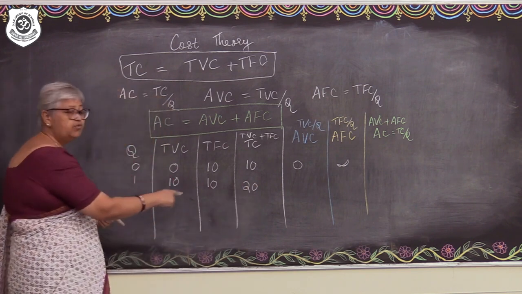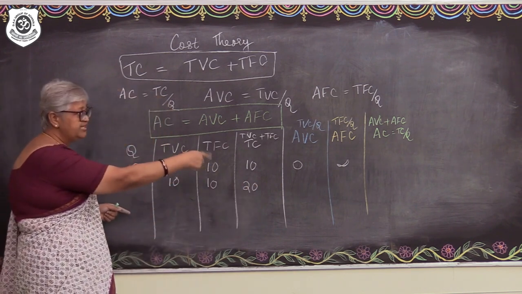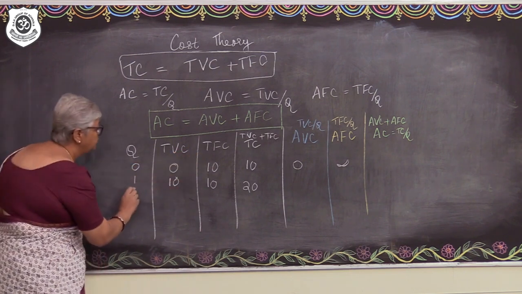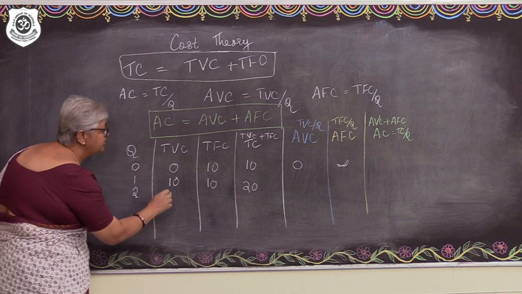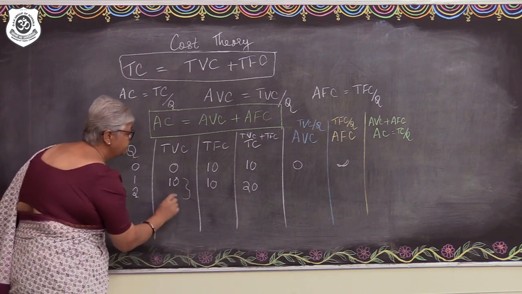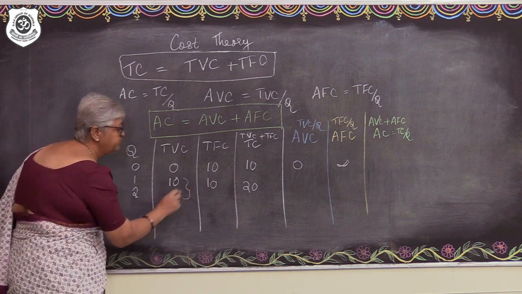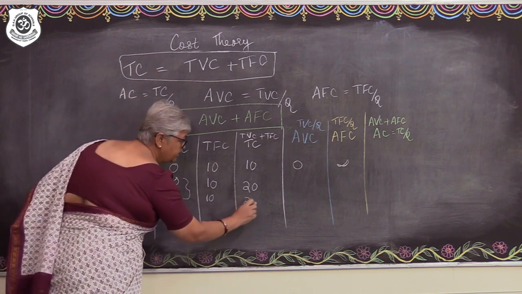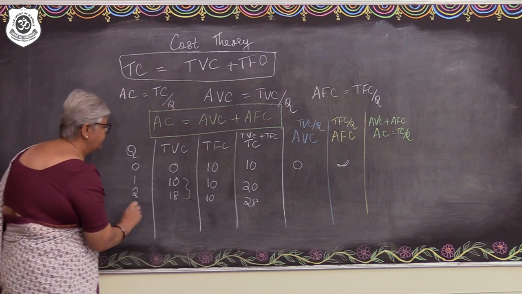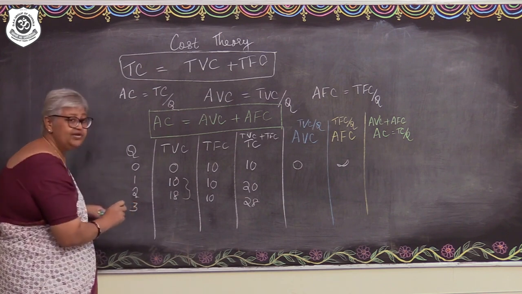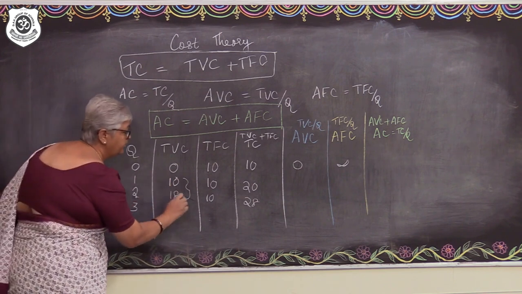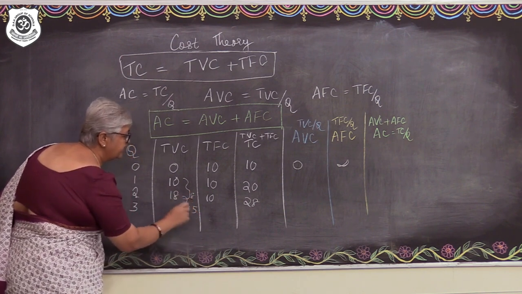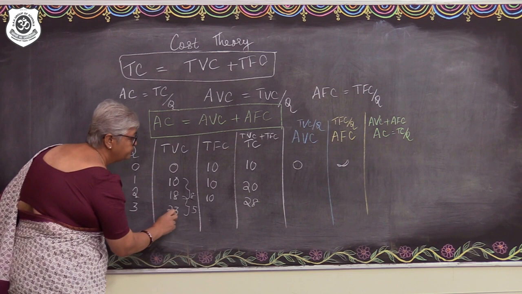Fine, so let's fill up these 4 columns and then we will move on subsequently to the behavior of the averages, shall we? Now, second unit of output, let us say the increase is going to be by 8, so that's going to be 18, and this is going to remain constant and this is going to be 28. Then to attain the next level of output, the total variable cost, let's say, is going to increase by 5 and say that's going to be 23.